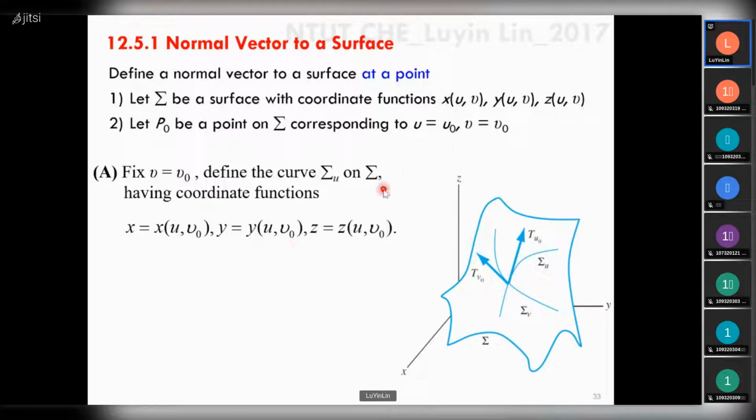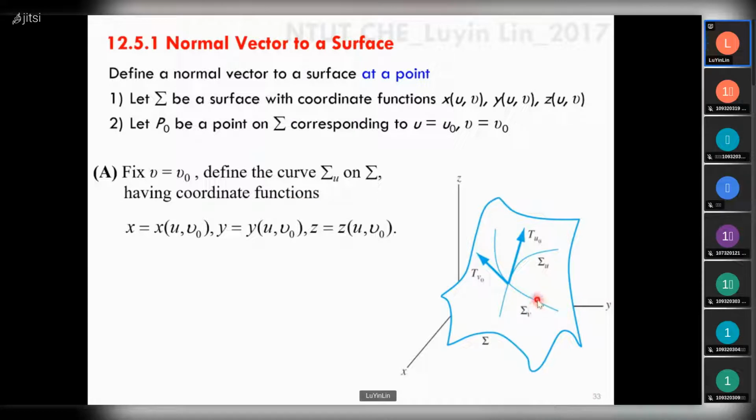So for every point we have U and V, right? But here we fix V at V0. If we fix V as V0, this will give you a curve, 曲线, not a surface.